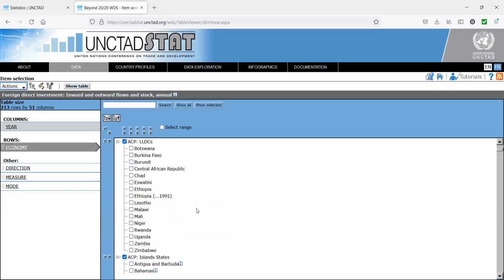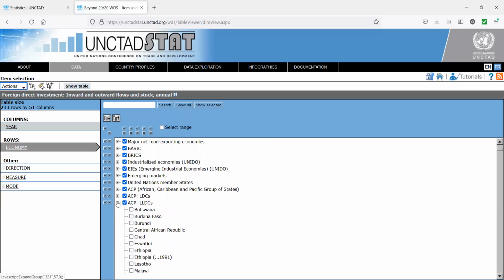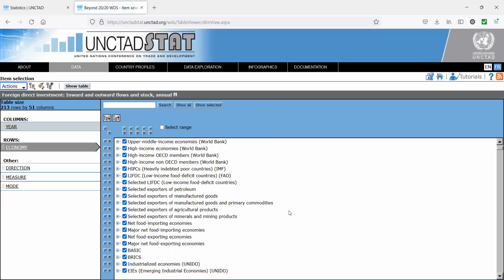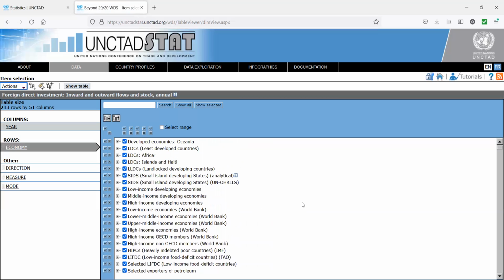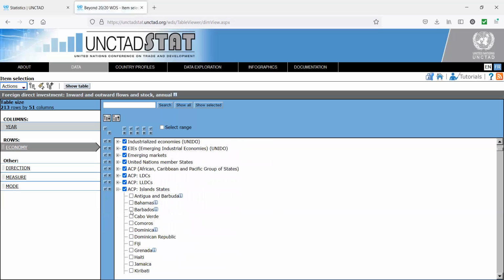Same for landlocked least developed countries. We have island states.